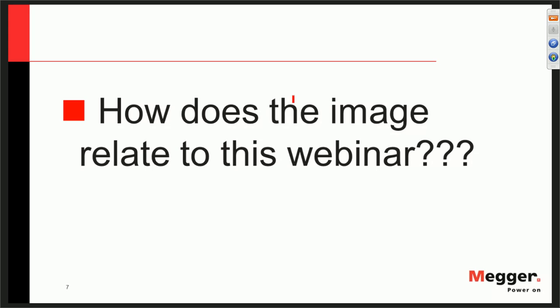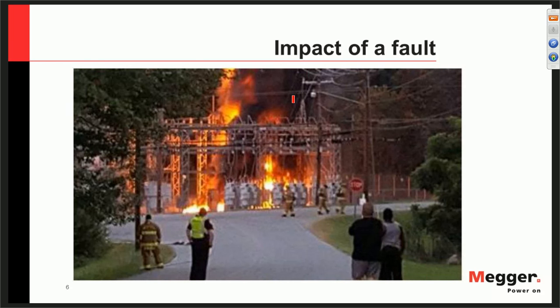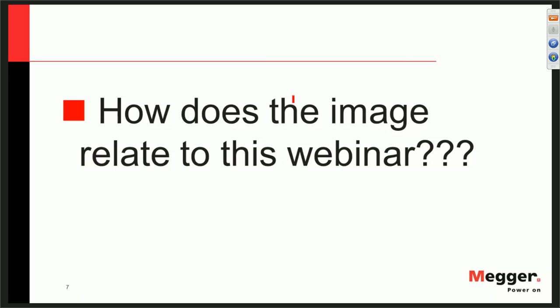I showed that image because, as I said, that fire was caused by improper relay settings. And you do the relay settings after you do the correct fault analysis. In order for you to do the correct fault analysis, you need to have the knowledge of sequence components or symmetrical components. In that way, you can protect your system. So you can see the importance of the knowledge of symmetrical components in the power system industry.